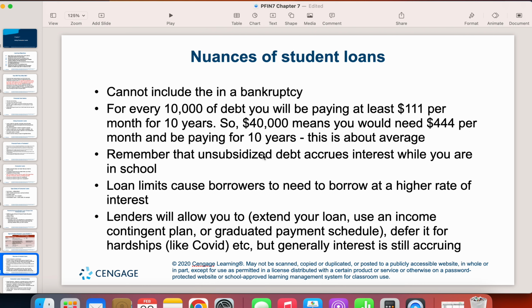So if you exhaust the subsidized category of loans up to a certain amount, then you're going to have to take out the unsubsidized loans, and those will have a higher interest. Also, commercial lenders charge a higher rate of interest. So when you exhaust federal loan amounts, you'll be reaching out to commercial lenders who will offer you loans, but at a higher rate of interest.